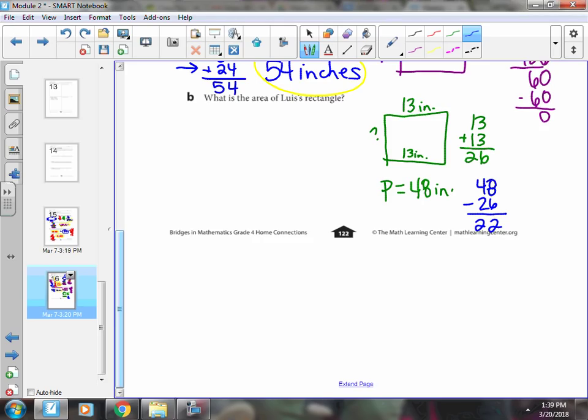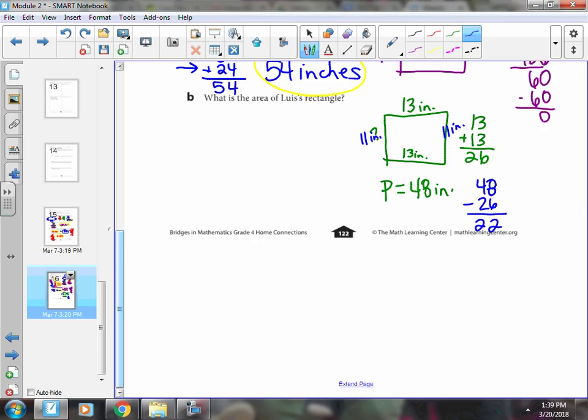So does that mean that the left is 22 and the right is 22? No, that means that the left and right equal 22 altogether. So let's cut 22 in half. That means the left side is 11 and the right side is 11.